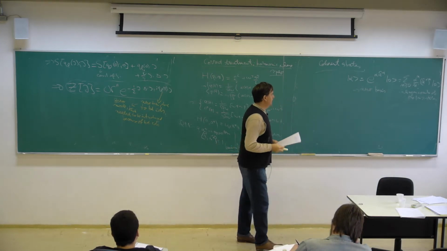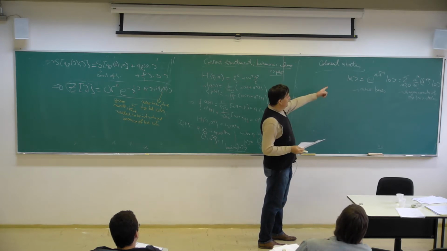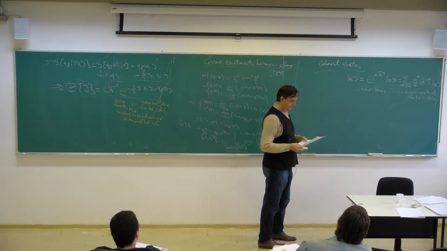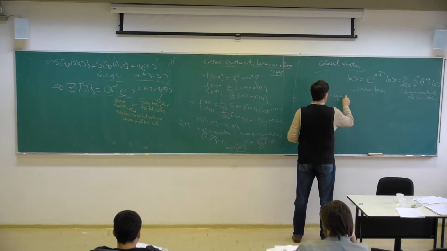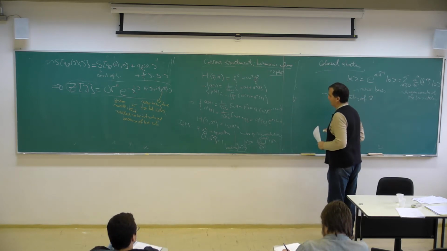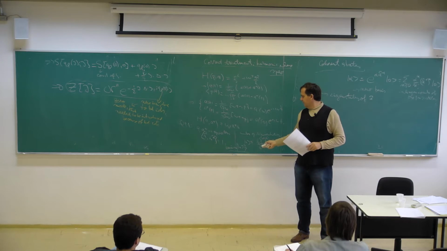So what's the usefulness of this? Well, the usefulness of these states is that they are actually eigenstates of A. A is called the destruction operator because it shifts the number n, the occupation number.